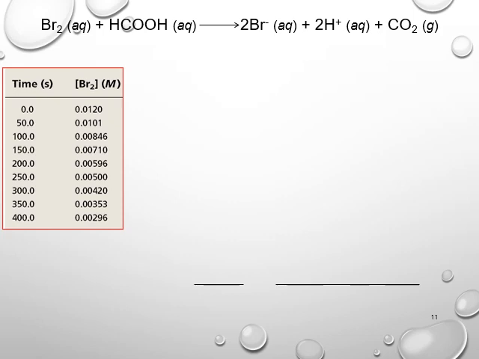This is the reaction of molecular bromine and formic acid. In aqueous solution, molecular bromine reacts with formic acid as follows. Molecular bromine is reddish brown in color, while all the other species in the reaction are colorless.